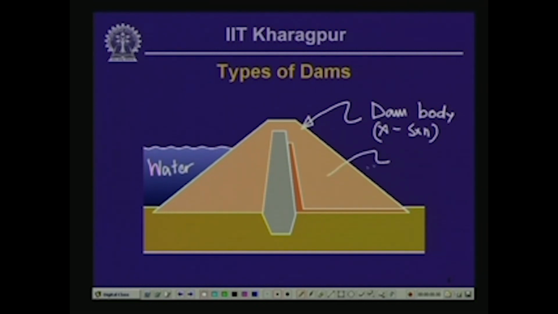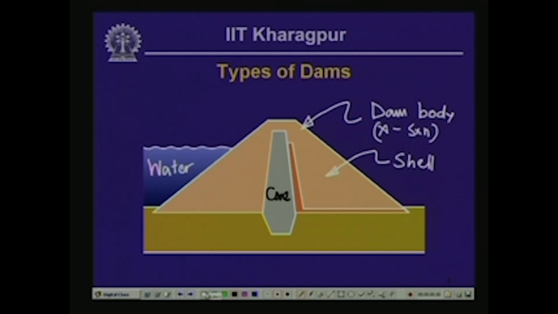The outer part is called the shell, and typically the shell is constructed of semi-pervious heavy material, and the inner part here is called a core, and the core is typically constructed using well selected fine grained soils such as clays, in order to prevent water from seeping through the body of the dam.